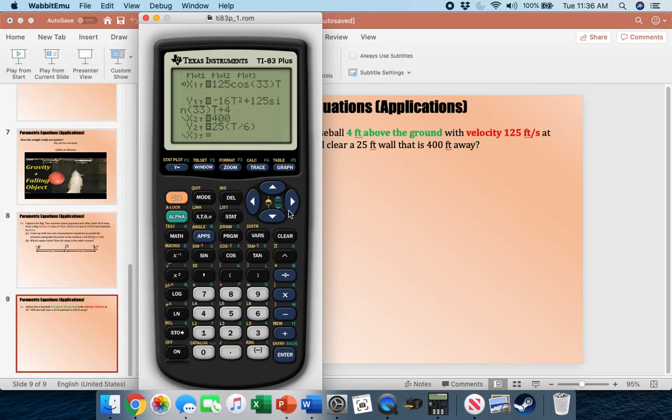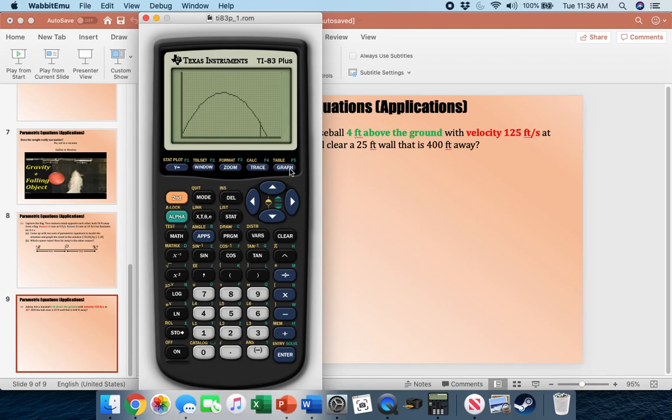How about 31? There goes the ball. Oh, snap. I don't know.